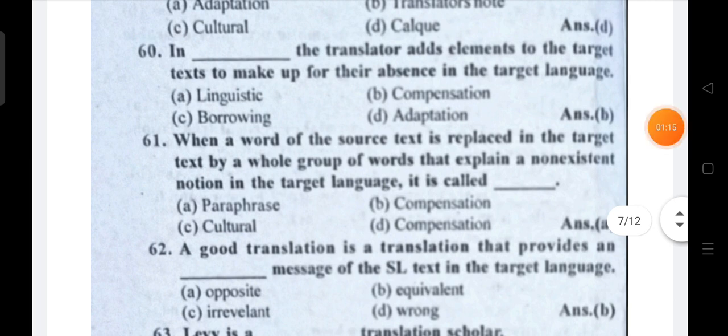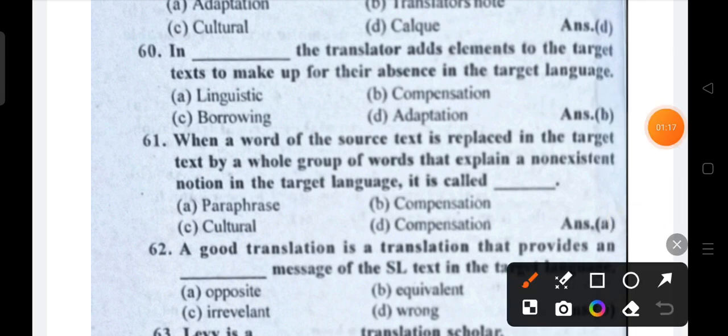In filling the blanks, the translator adds elements to the target text to make up their absence in the target language. Answer is B, compensation. When a word of the source text is replaced in the target text by a whole group of words that explain a non-existent notion in the target language, it is called paraphrase.